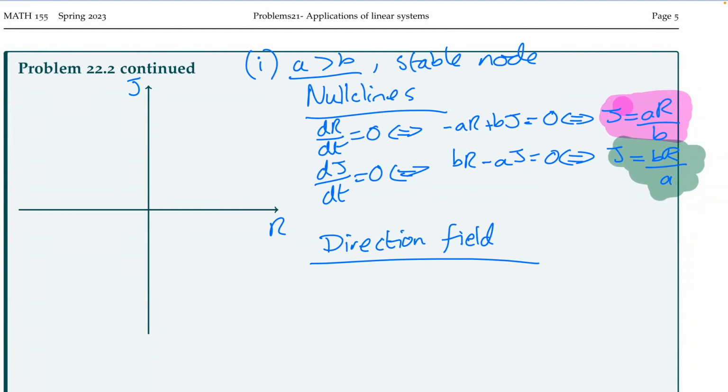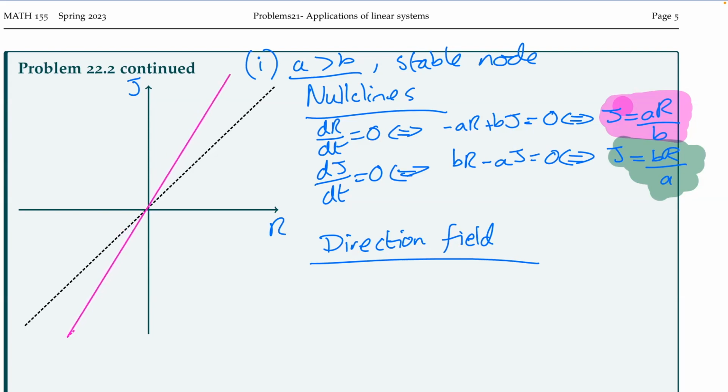So if you imagine, let's draw a dashed line. This is the line J is equal to R. A over B is greater than 1. So that means my pink null cline is going to have gradient greater than 1.